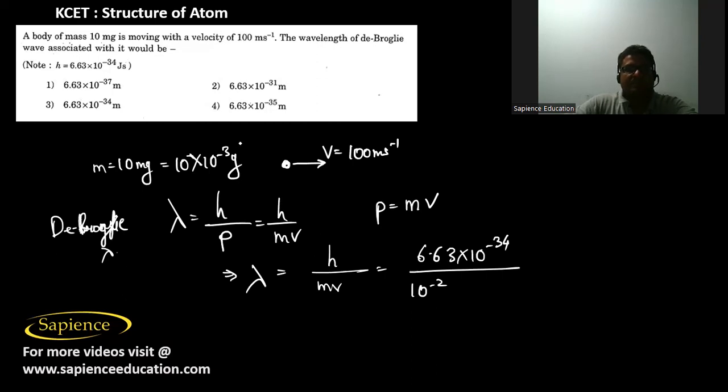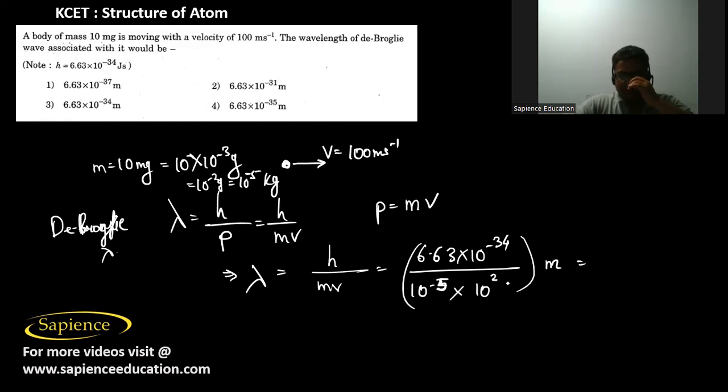We have to take it in the SI unit, so it is 10 power minus 5 kg, into velocity, that is 100, so 10 power 2. So this will come in meters.